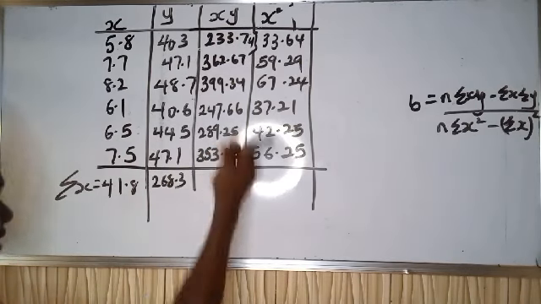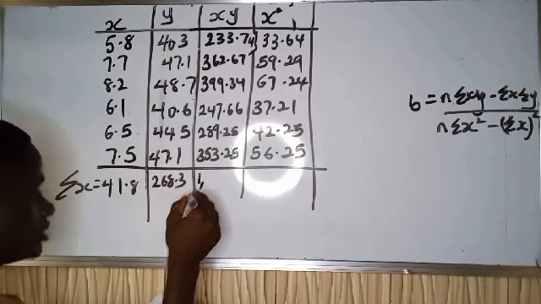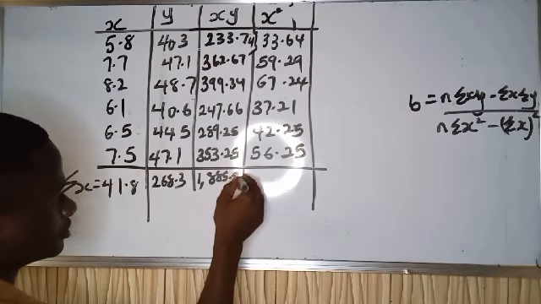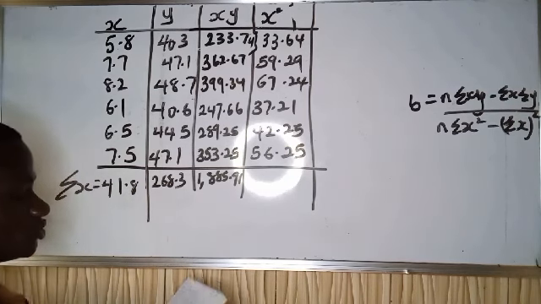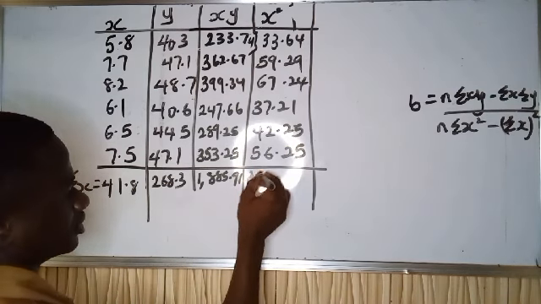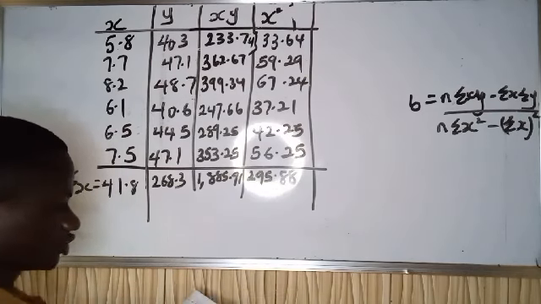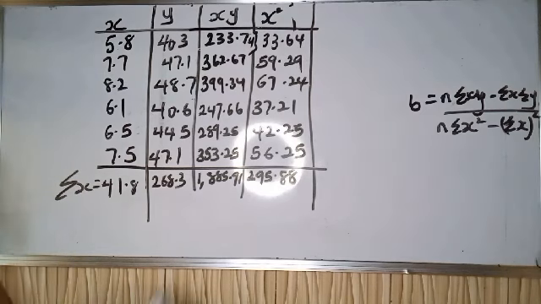My summation xy, if I add together, gives me 1885.91. And the last one, if I add all my x squared values, it will give me 295.88. So the addition of everything is what I have on the board.